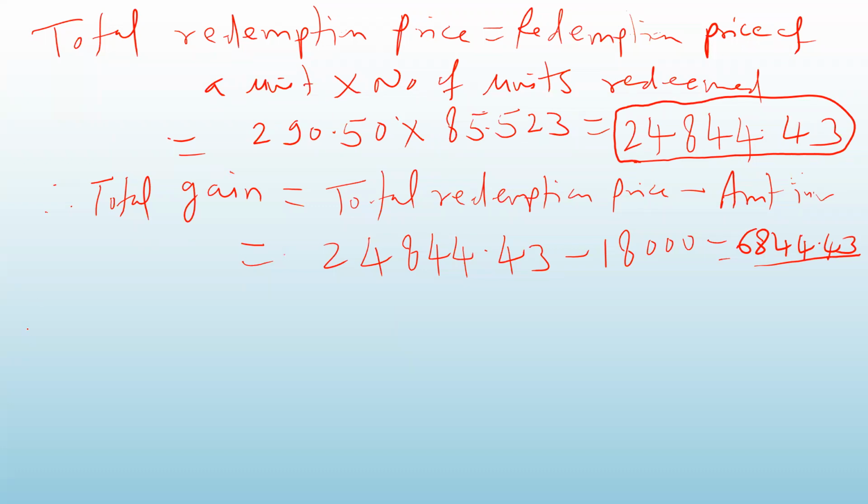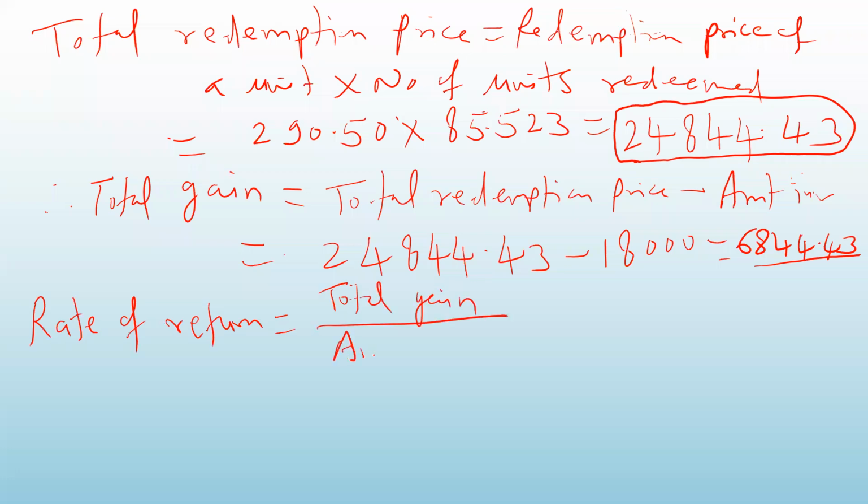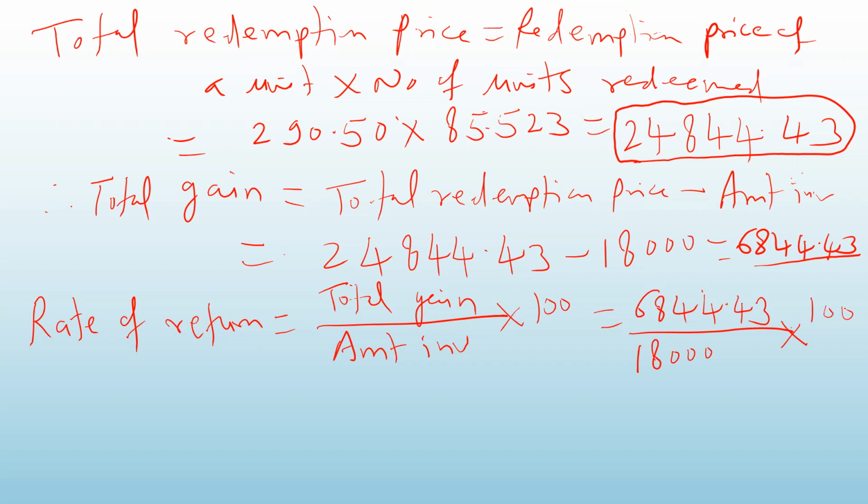Now you have to find out the rate of return. What is the rate of return? It is total gain divided by amount invested, into 100. So the total gain is 6,844.43, and amount invested is 18,000, into 100.